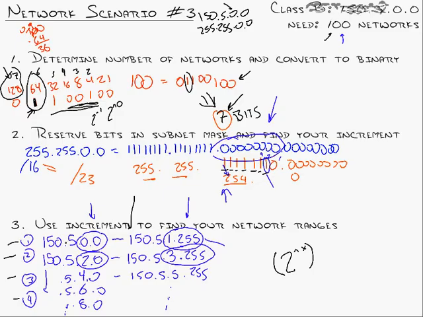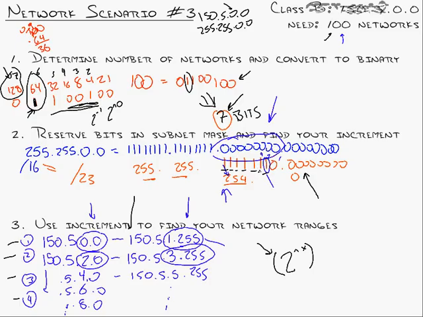Meaning, how many hosts do I get in between 150.5.0.0 and 150.5.1.255? Well, just looking at that, it's not very easy to just add those up and figure that out. So you can use that same equation, slightly different, to find the number of hosts. 2 to the power of x, but this time x is how many zeros?